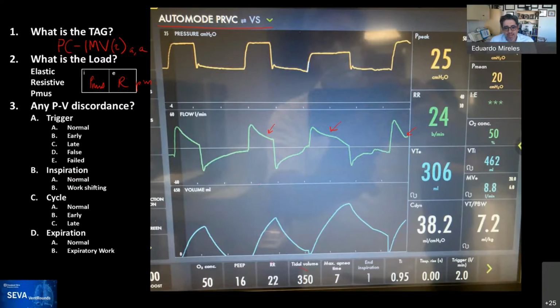And in my classic behavior, I always thought that it was the rate, that if the mandatory rate was higher than the spontaneous rate, then the spontaneous rate would, I mean, if this guy didn't breathe more, then the other one would come in and breathe for him. But it doesn't happen all the time.